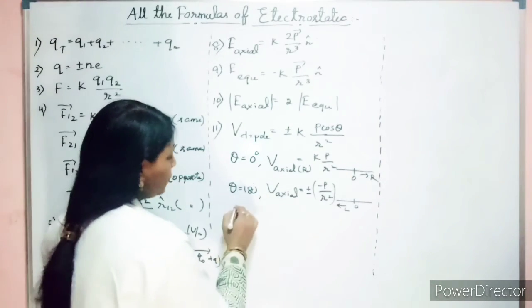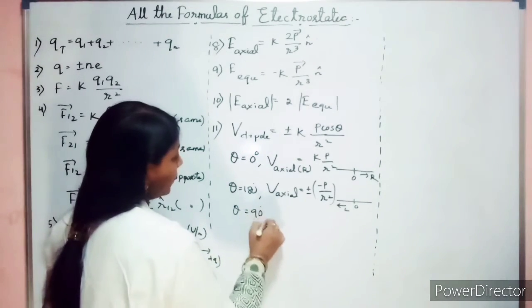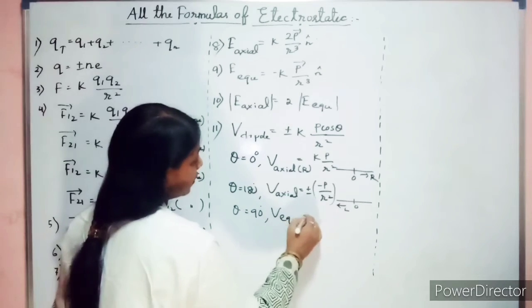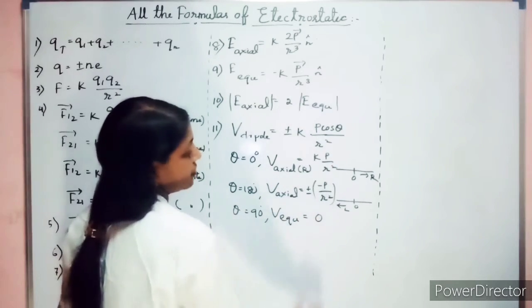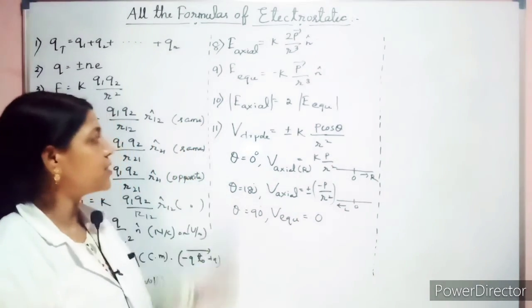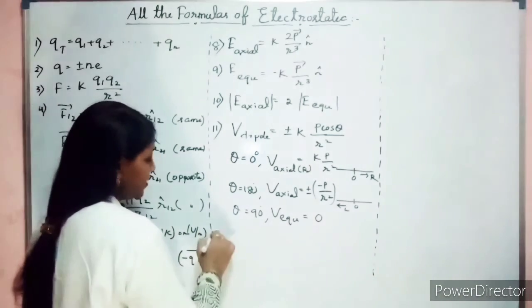Next, if your theta equal to 90 degrees, that is V equatorial, cos 90 is 0. Clear? That is the subdivision of it.